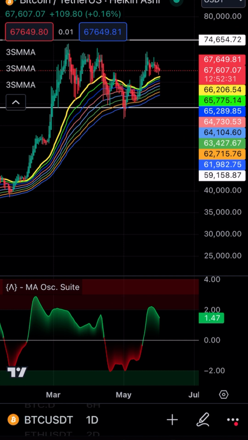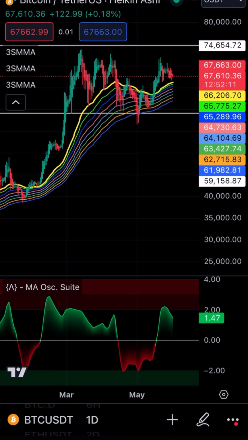So if I were to move to a smaller time frame, what I would be focusing on is the moves up, because that's what the trend is doing, and that's what we need to be focusing on. And we use the Regularized Moving Average Suite to determine that.